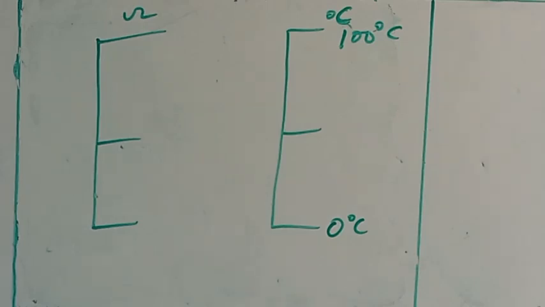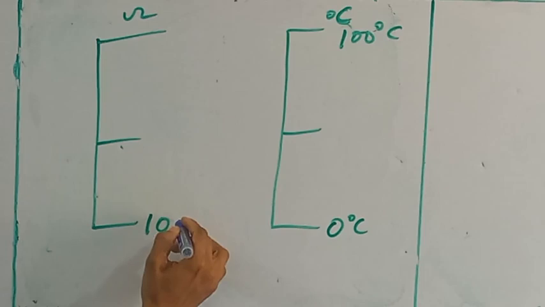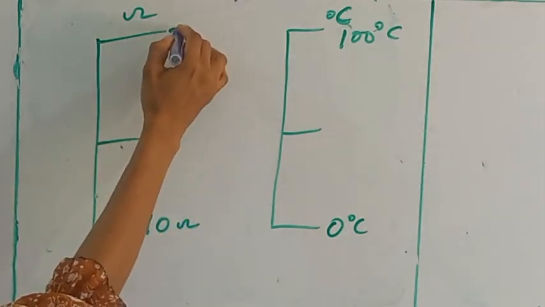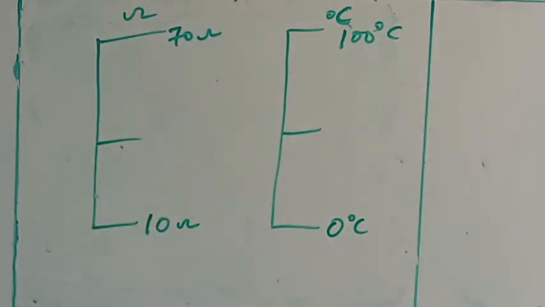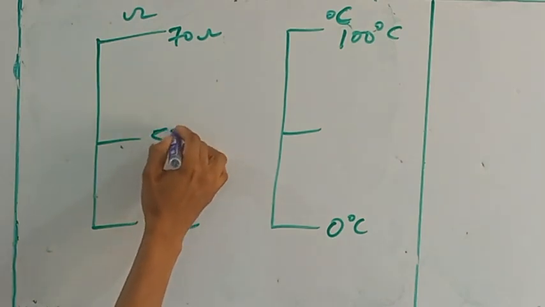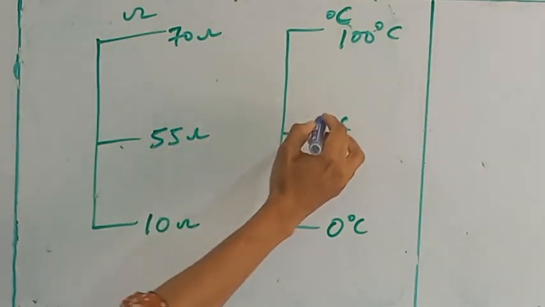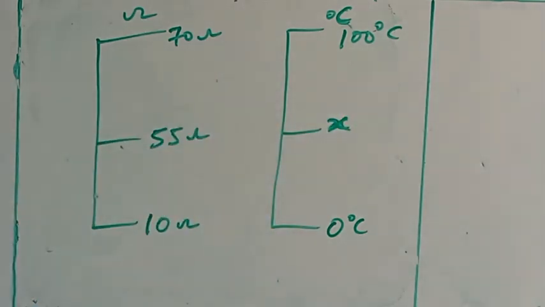Then for the ohms, we have 10 ohms at 0 and 70 ohms at 100 degrees Celsius. If this records 55 ohms at a certain temperature we don't know, let's put x as the unknown. Calculate the temperature of the medium.